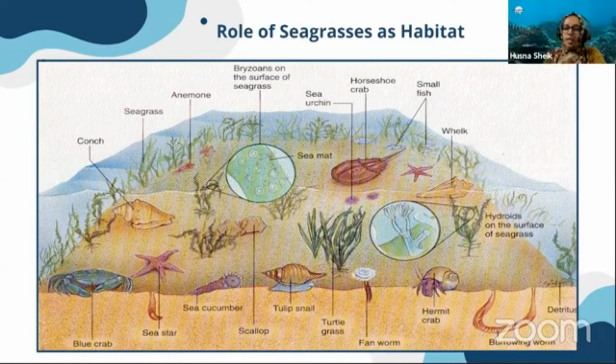Once we deplete or disturb the seagrass patches, the destruction will impact these small organisms. They don't have a place to live, so that will cause biodiversity loss. You can imagine how important one seagrass patch is. That's what I want to highlight through this slide.